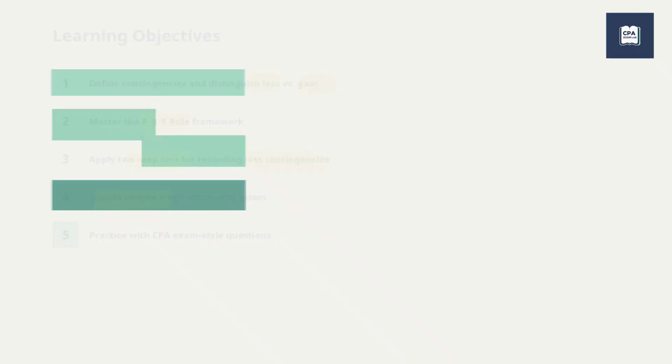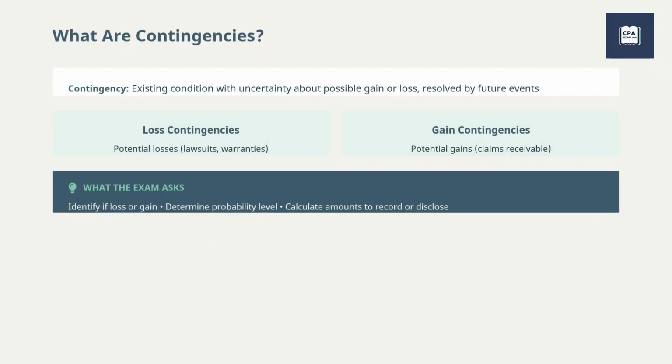What exactly is a contingency? A contingency is an existing condition with uncertainty about possible gain or loss that is resolved by future events. So what we need to pay attention to is the uncertainty. And there are two types of contingencies.